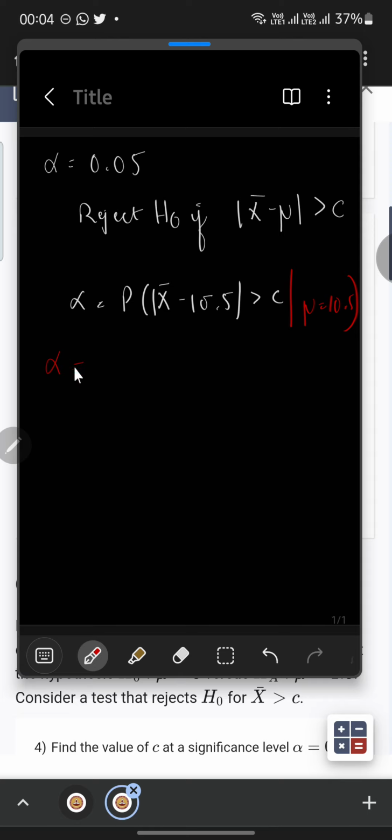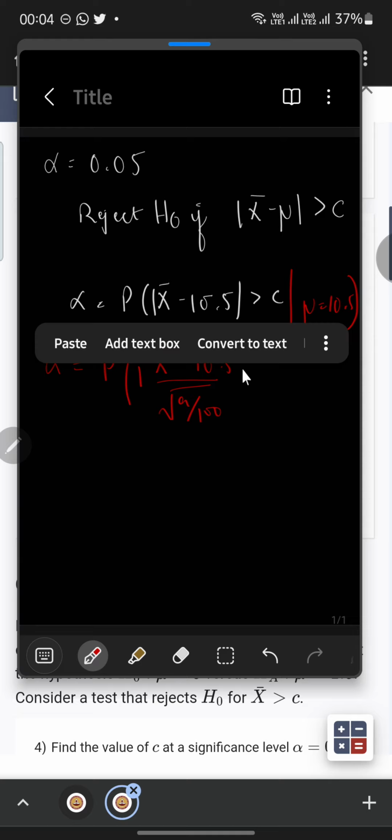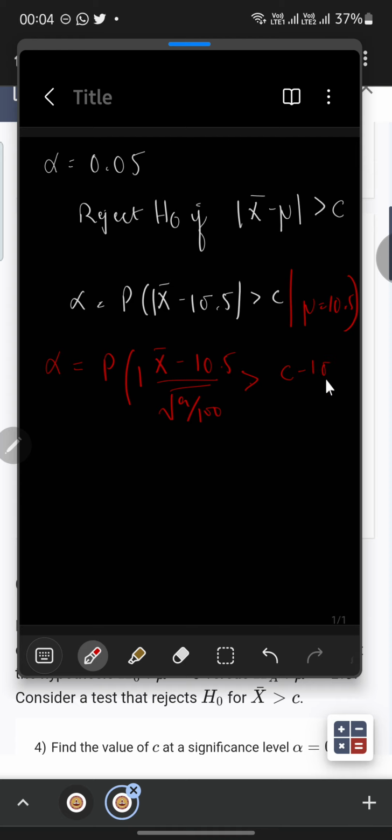So alpha here will be equal to the probability that the mean of the random variable minus 10.5 upon root of 9 by root 100, because it would be root 9 upon root of n, and that root n would be root 100, is greater than C upon root of 9 by 100.